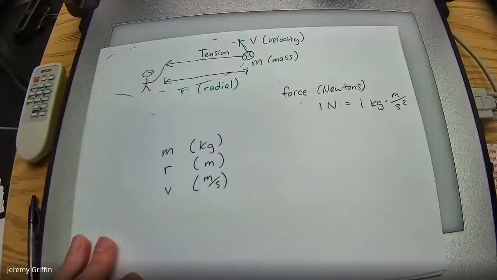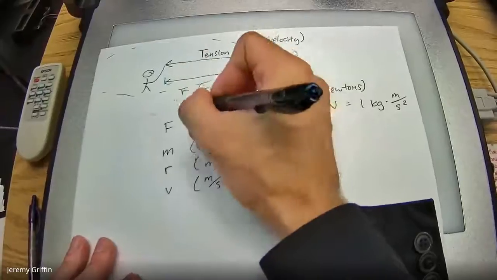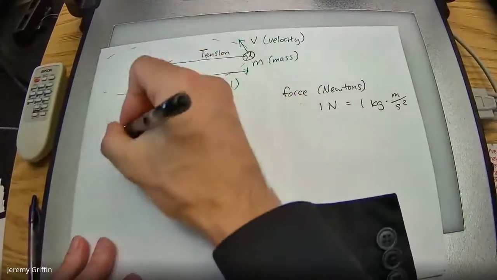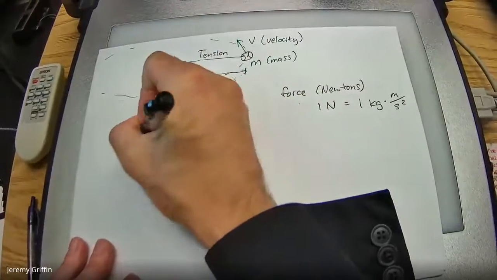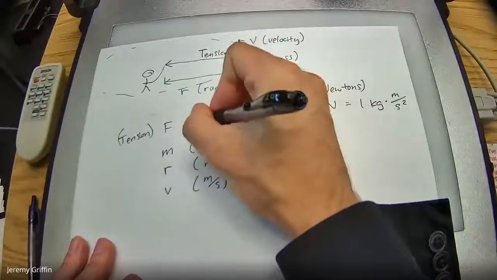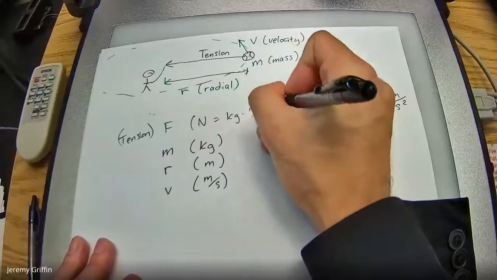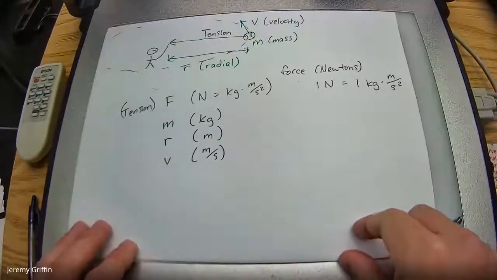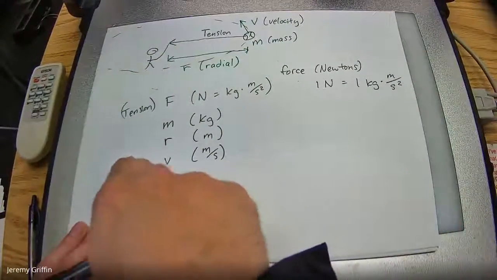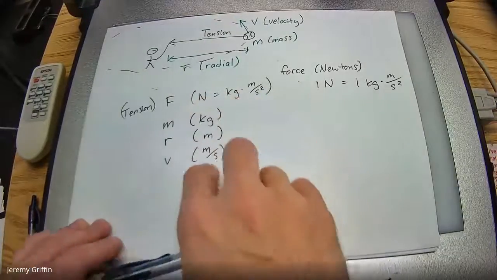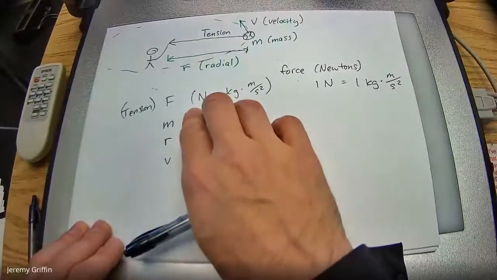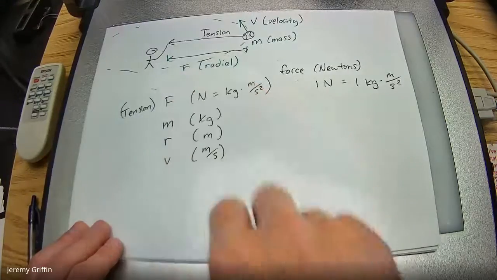And force, or tension in this case, is measured in newtons, which is kilogram meter per second squared. So you can tell me how you multiply and divide these 3 variables, mass, radius, and speed, to give me a force value.